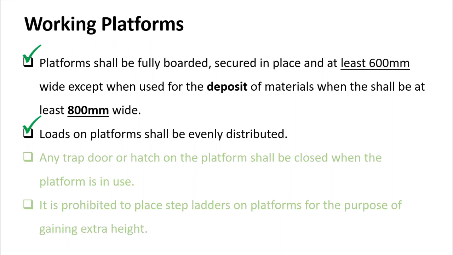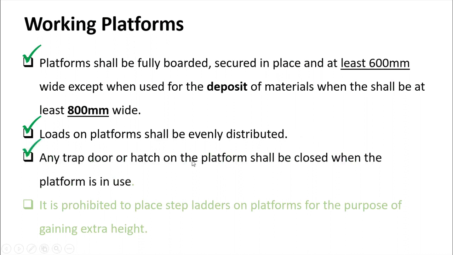Like for example, 100 kilograms per square meter. So that means if you have 200 kilograms, you cannot put it all in 1 square meter. You need to distribute all those 200 kilograms evenly on the platform.